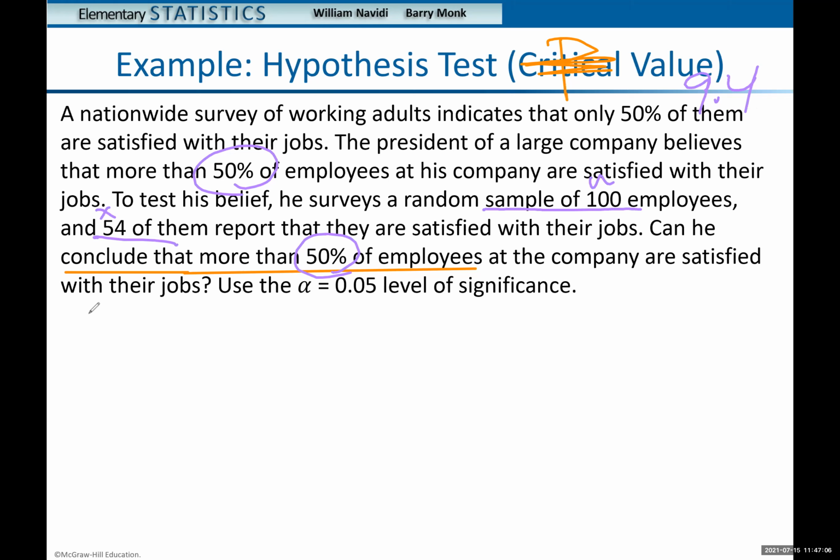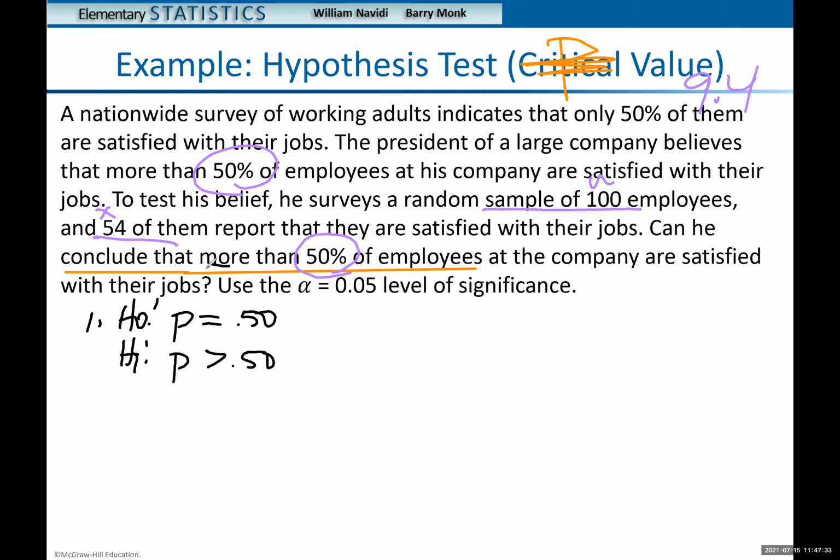Now, what are step 1, H0 and H1? Anyone? Hypothesis? P equals 0.50 for H0, and H1 is P is greater than 0.50.